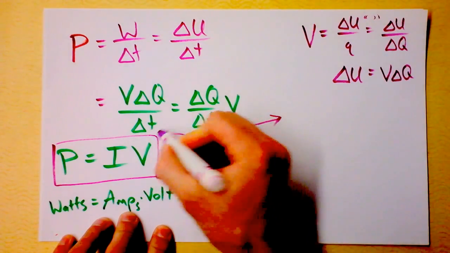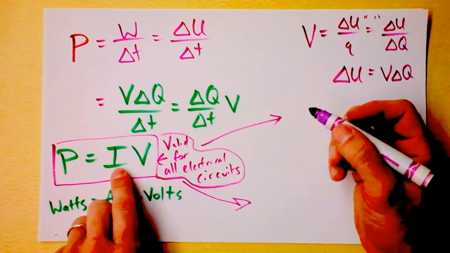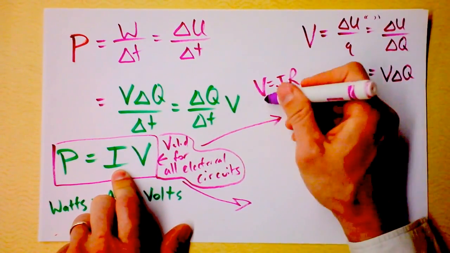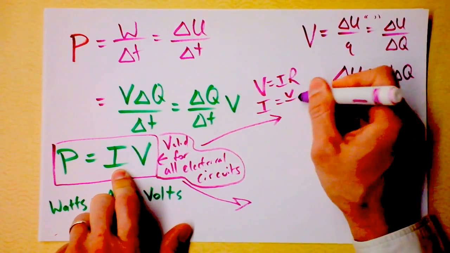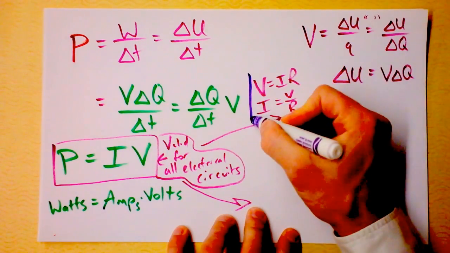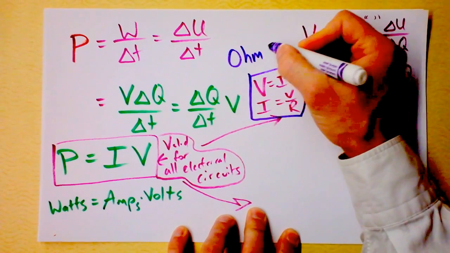This is valid for all electrical circuits. But I'm going to take this equation and use V is IR in one direction, and I'm also going to use I is V over R in the other direction, and get myself a couple different equations which will not be valid all the time. In fact, they'll only be valid in an ohmic material.